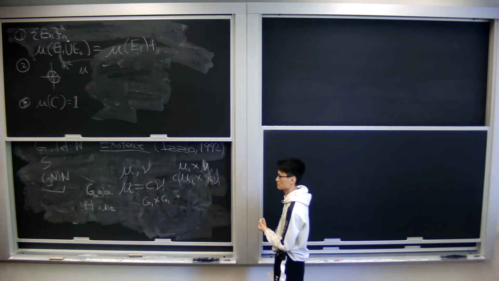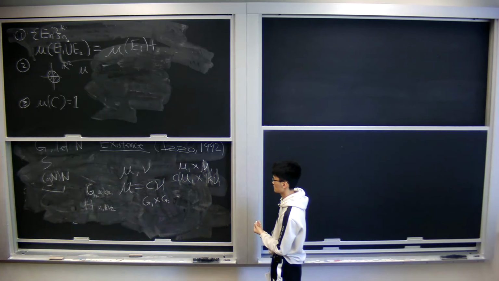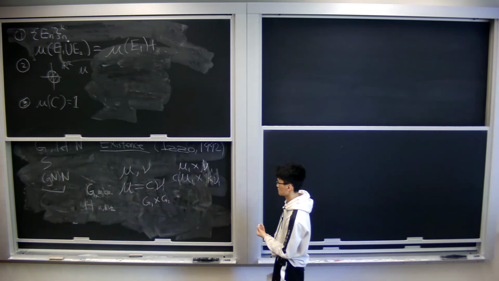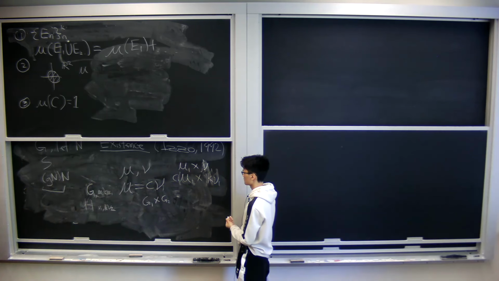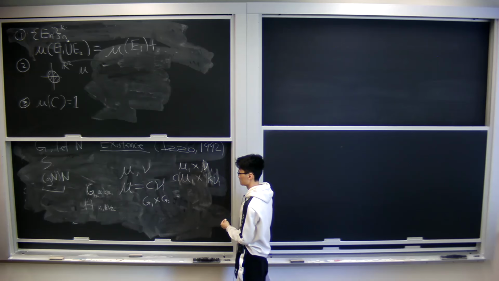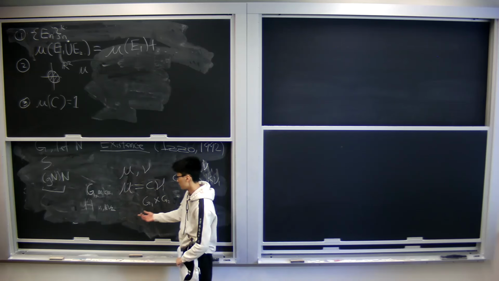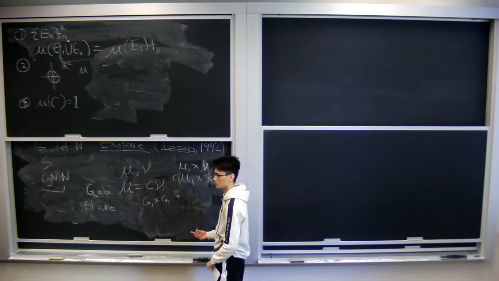Well, what are the two measures on the product, G cross H? Seems to me the two measures are mu1 plus mu1 and mu2 plus mu2. But mu2 is a constant multiple of mu1, no?